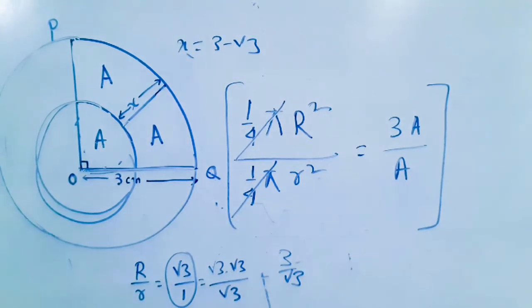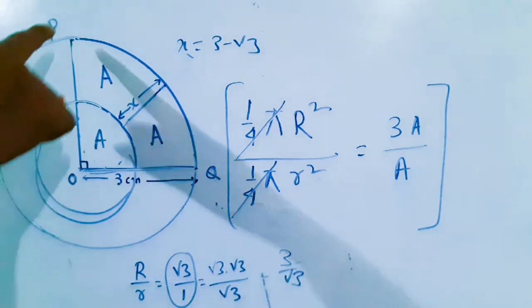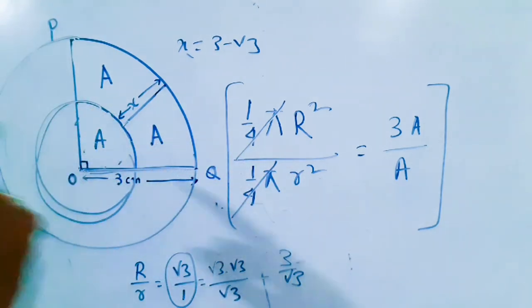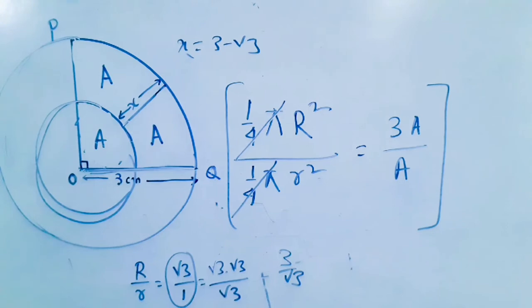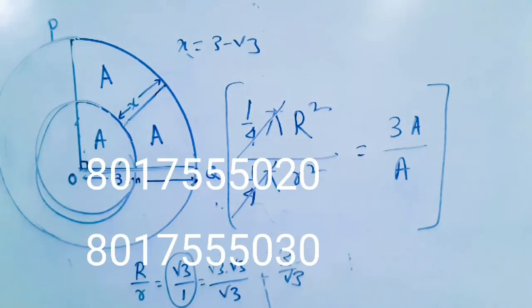Maybe my language is not so comfortable, but the language of mathematics is international and very easily accessible. Try to understand the main theme and try to focus on the main problem. At a glance, just this part is 3a and this part is a. So their ratio of area is 3:1.